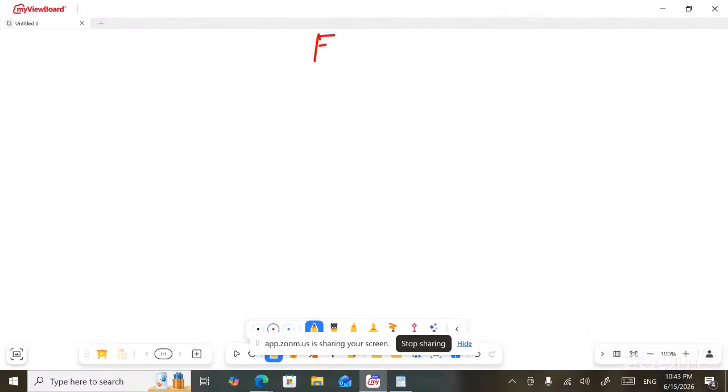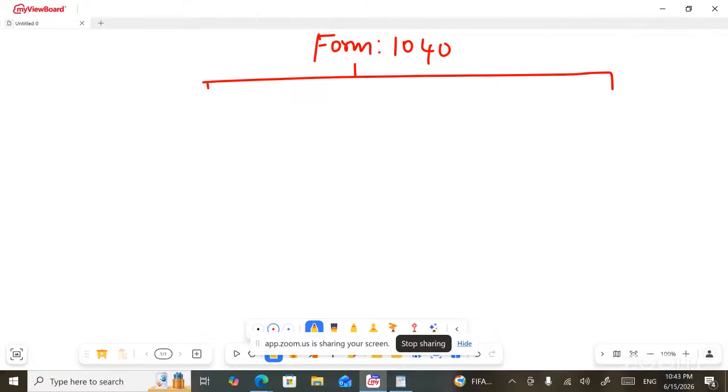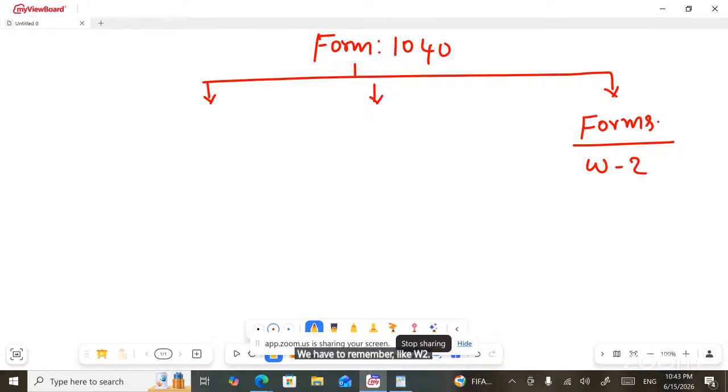Form number 1040. Various forms we have to remember, like W2, form number W2G, form number 1099, or like this.